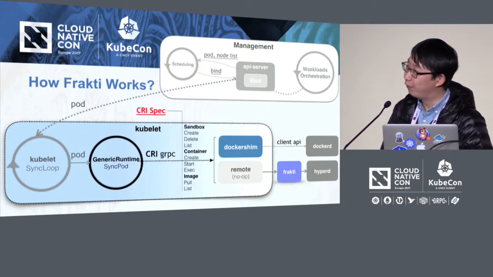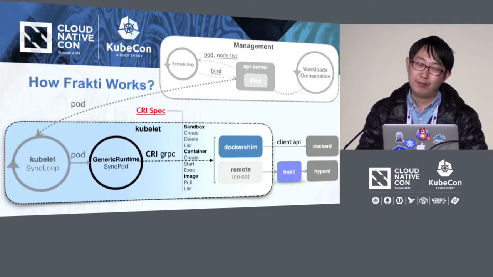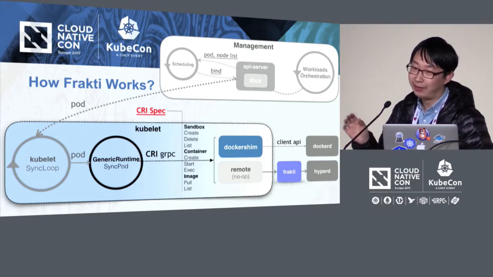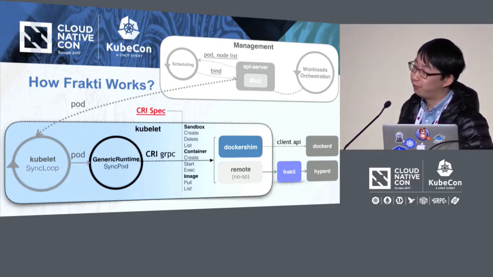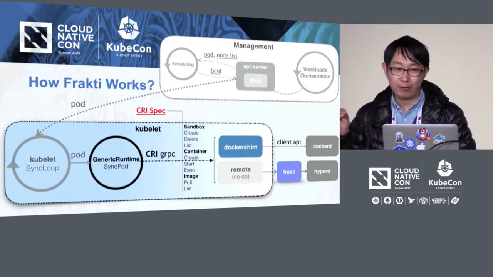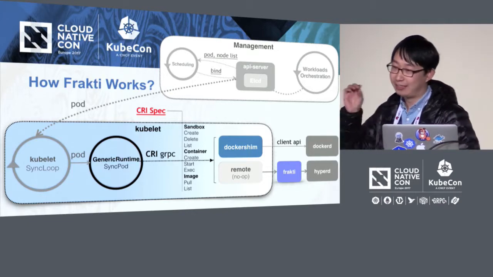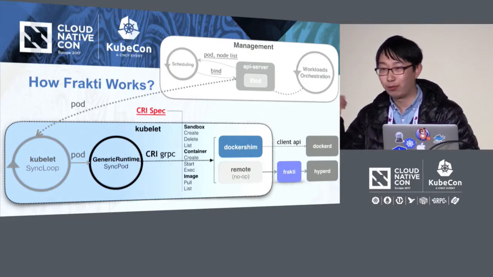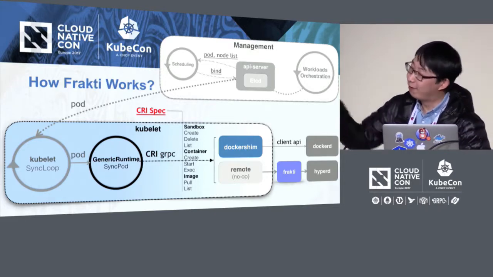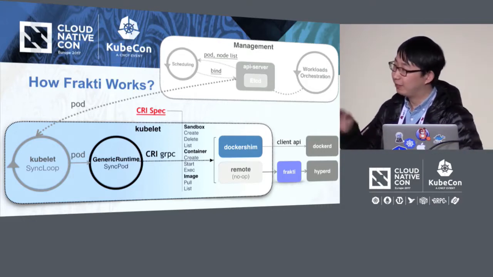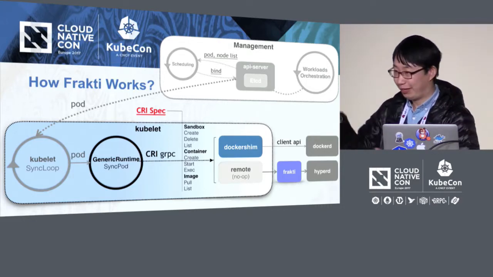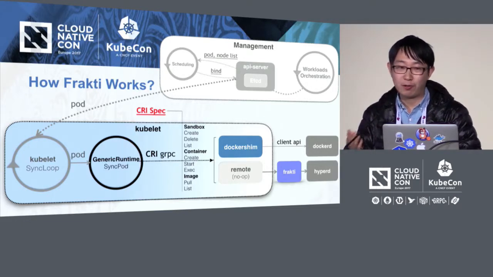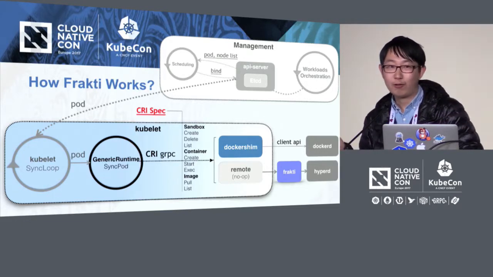First of all, how Frakti works is actually quite simple. We can see Kubernetes as two parts. The first part is the so-called control plane, the management node. This is where the scheduling and workload orchestration actually happens, and this is also where the concept of the pod plays the most important role. However, we also have the node where the kubelet is running. In that place, the pod will be translated. For example, the kubelet will watch the changes of the pod list in etcd, so it will notice what happened.